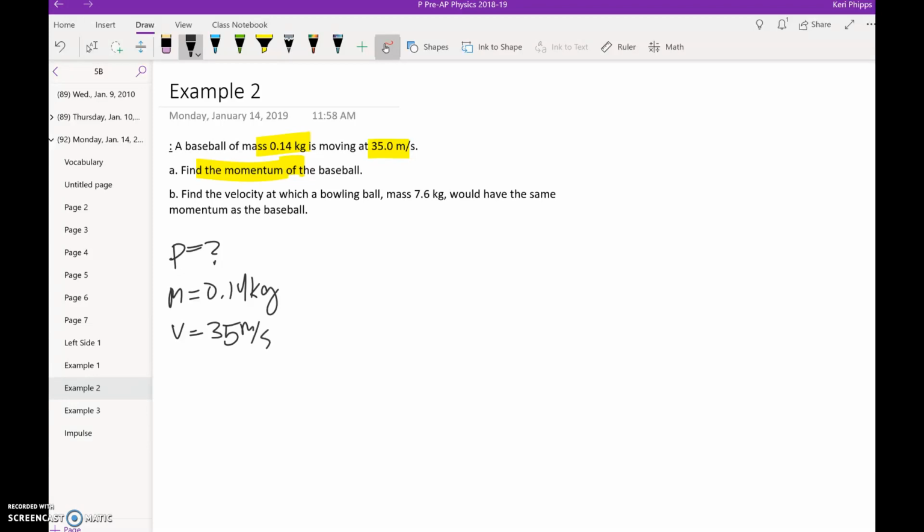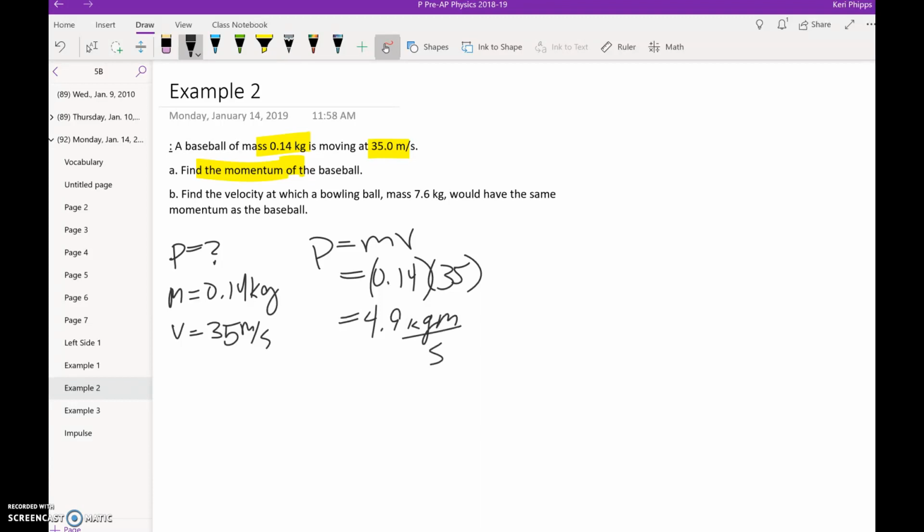This one's pretty straightforward. We're just going to go ahead and say momentum is equal to mass times velocity. And we're going to plug it all straight in. So it's 0.14 times 35. And that will give us 4.9 kilogram meters per second.